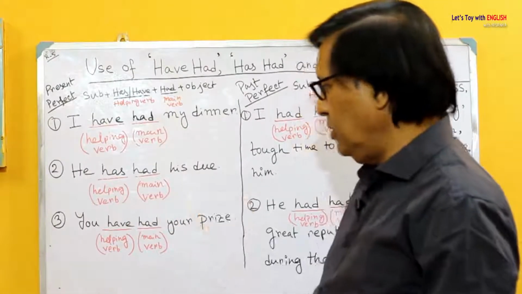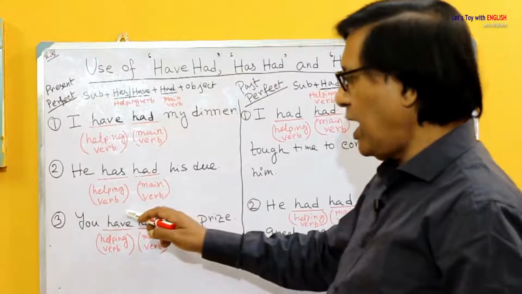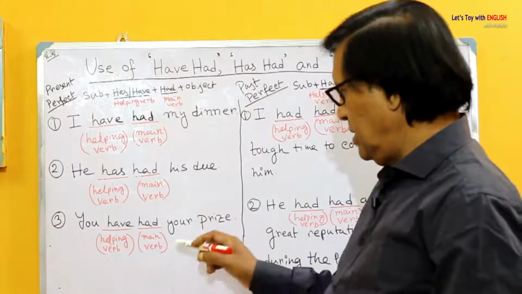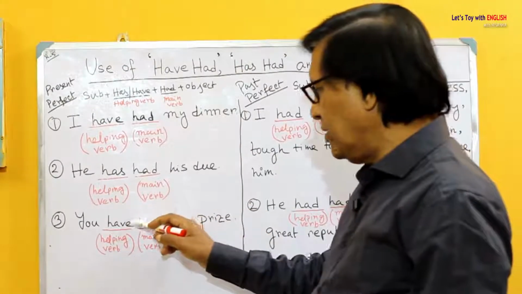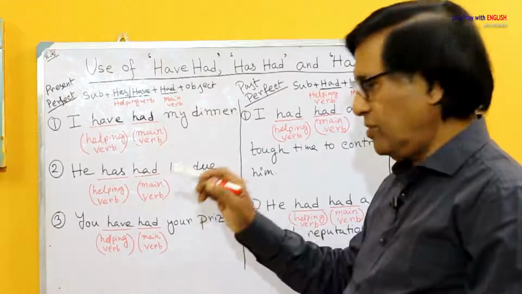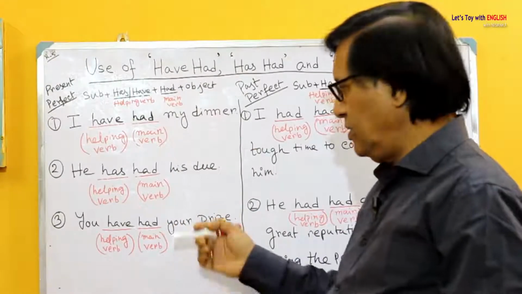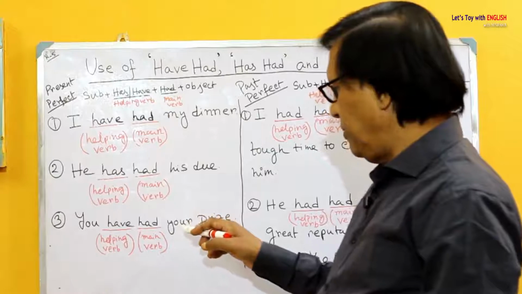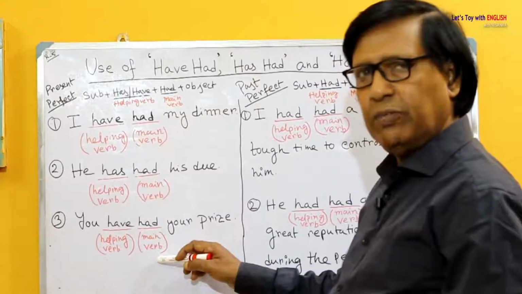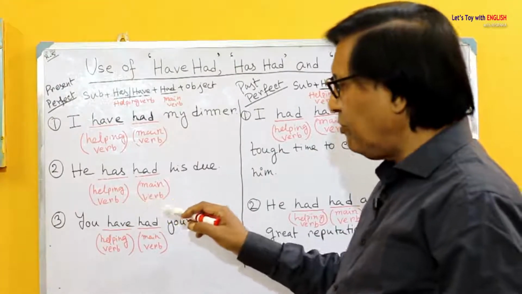Now the third example, you have had your fries. This have denotes the tense, had is V3. Here this had means you have obtained your fries. We have got it for your good work, and this is your fries. So, my friend, this have is the helping verb and this had is the main verb, that is the third form of the verb have.